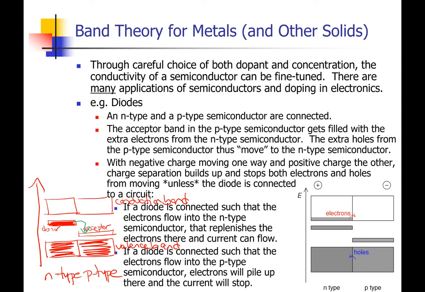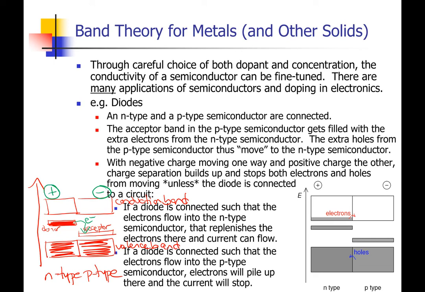That's going to lead to a net flow of electrons from the n-type semiconductor over to the p-type semiconductor. We're going to build up a negative charge over on the p-type semiconductor side, and there will be a positive charge left behind over on the n-type semiconductor side.